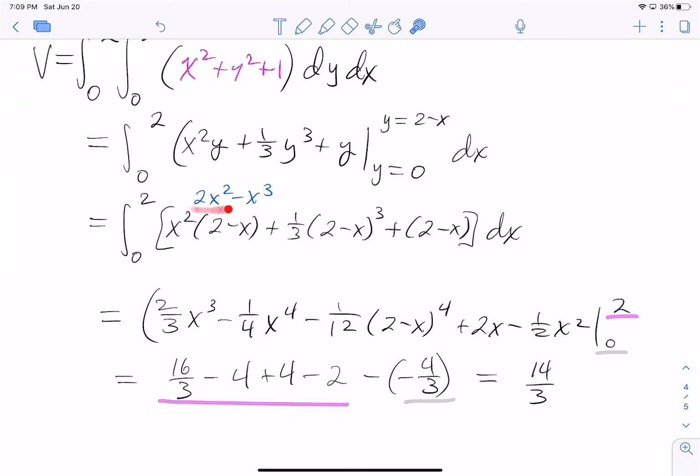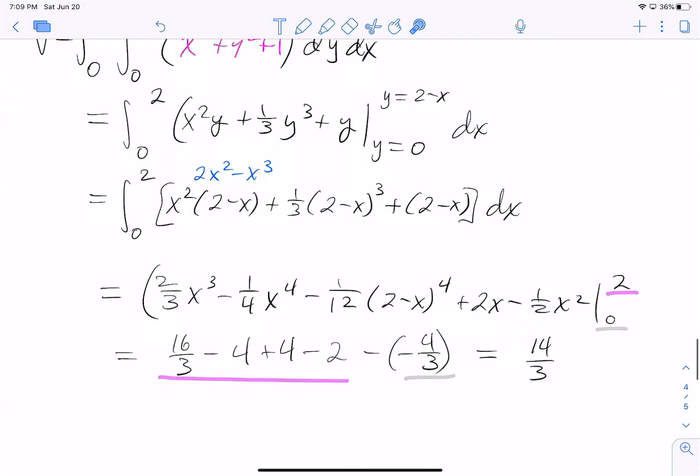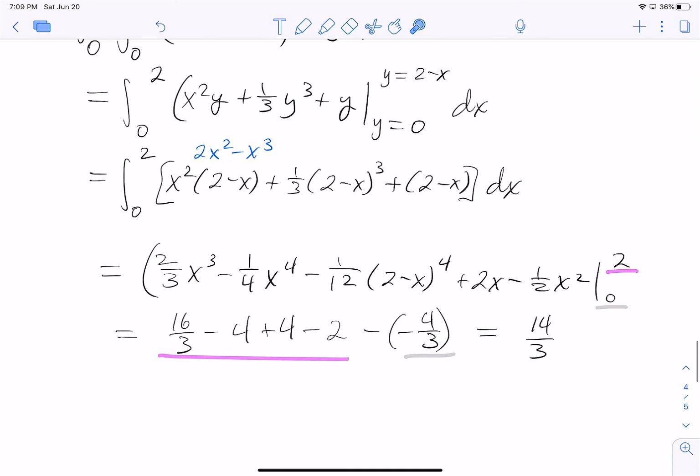I made here a little note to myself that x squared times the quantity of 2 minus x is 2x squared minus x cubed, so that I can just take the whole thing and integrate using the power rule. That 2x squared minus x cubed integrates to 2/3 x cubed minus 1/4 x to the 4th.